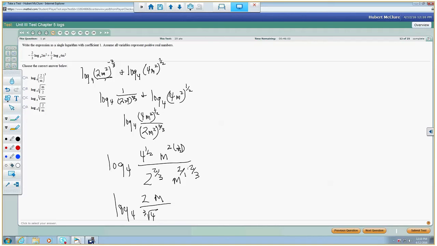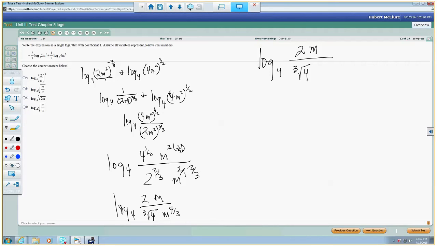And that's m to the what? 4/3. Right? Log base 4 of 2m over cube root of 4 times, that's exponent over what?